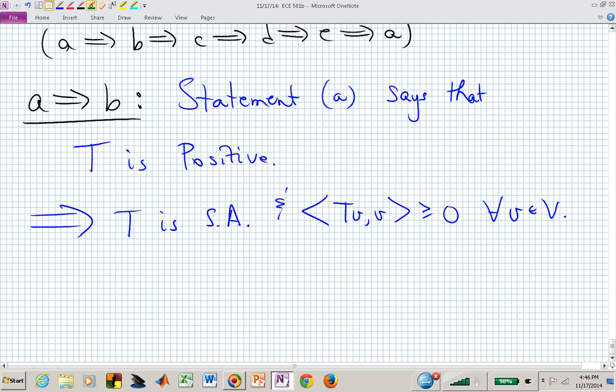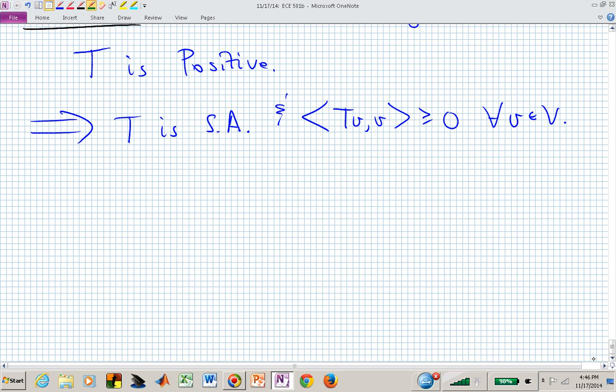If that's true for all vectors V, let's just pick a special V. And what's a special V? What vectors do we kind of like to think of as being special in this class? Eigenvectors.